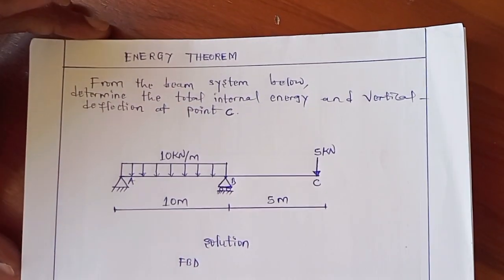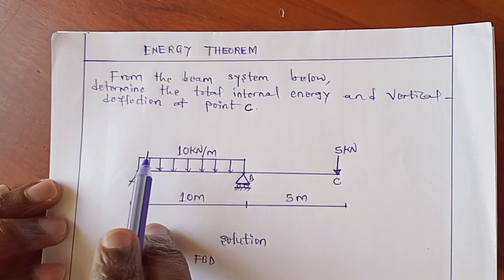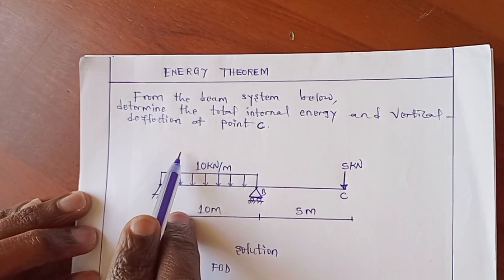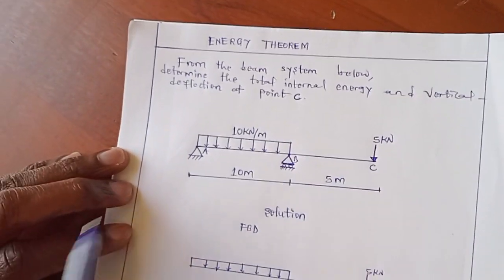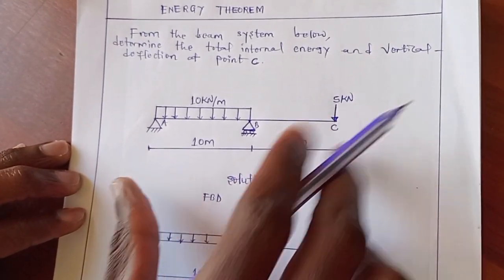Now let's deal with our problem. Our problem is to determine the internal energy and the vertical deflection at point C. So this is a beam system.